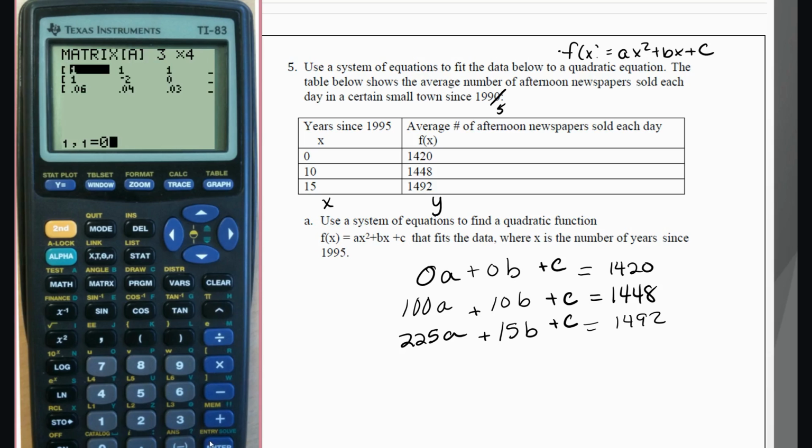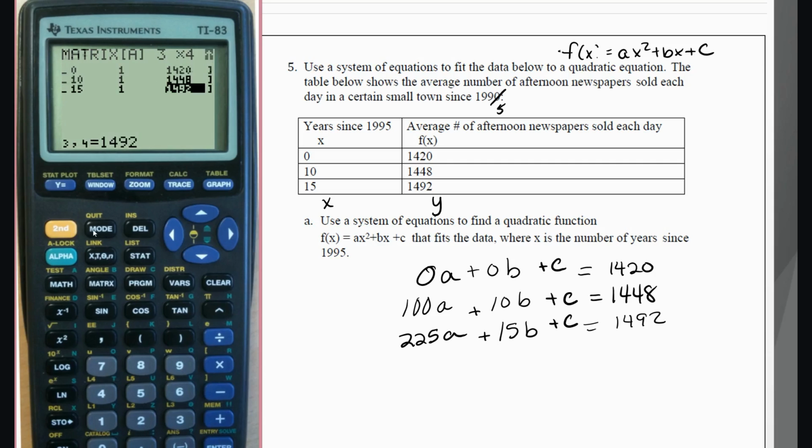So 0, 0, 1, 1420, 100, 10, 1, 1448, 225, 15, 1, 1492.